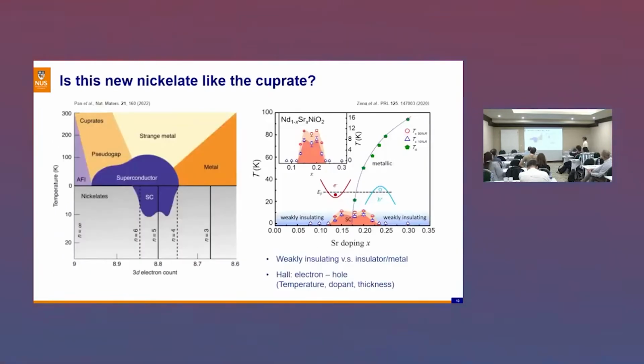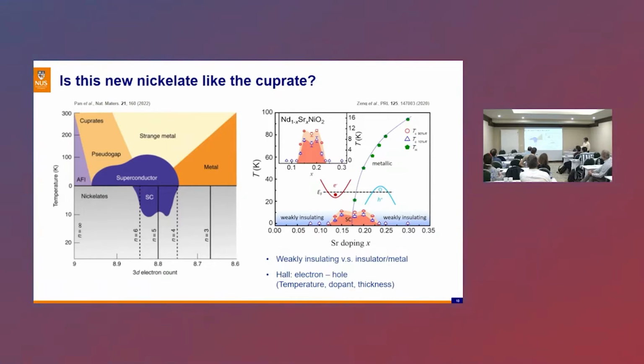Right, so is this new nickelate really like cuprate? So here, if we look at the 3d electron counts, when we plot the Tc as a function of 3d electron counts, as you can see here, it kind of replicates what we have in the cuprate, right?